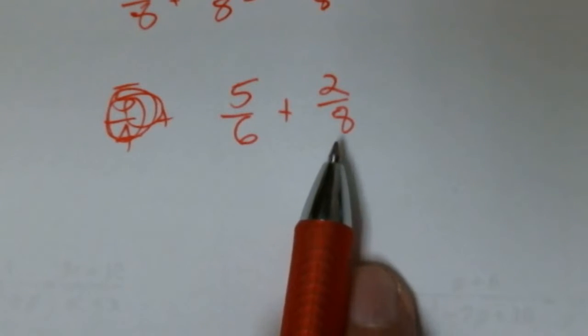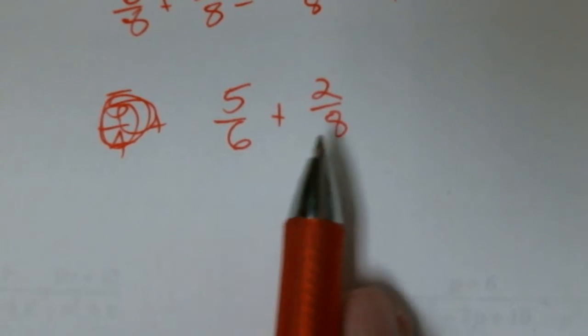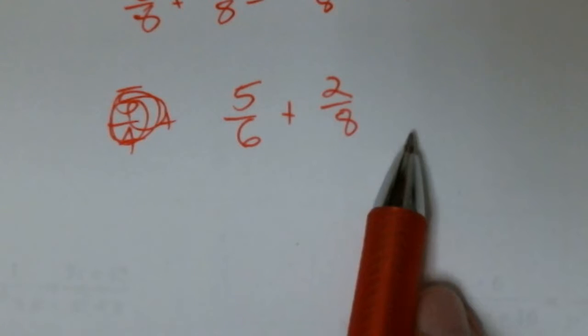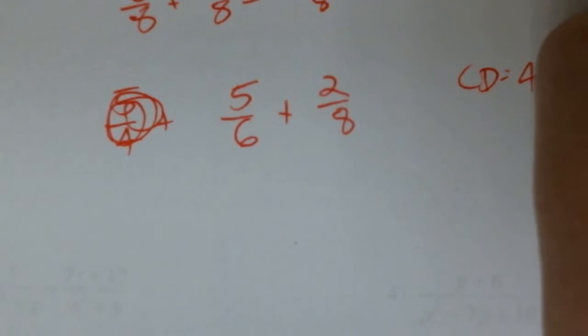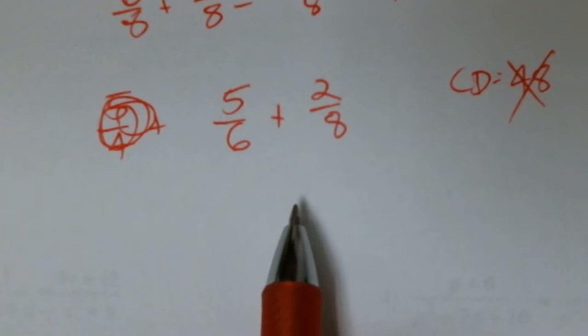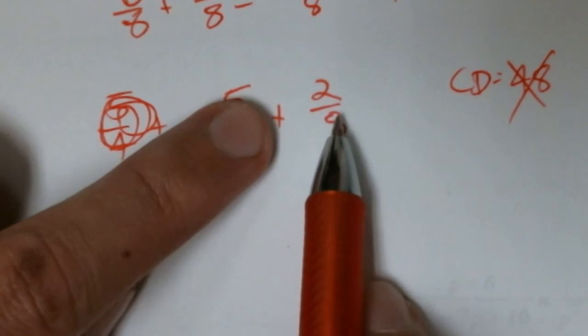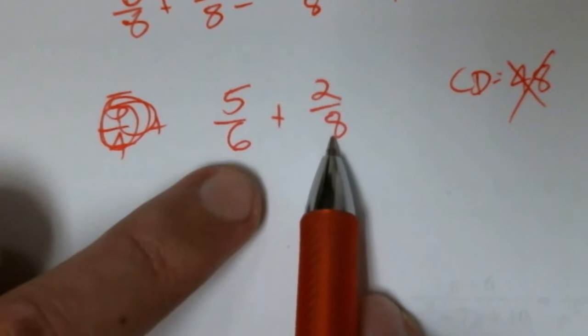5/6 plus 2 eighths. You might look at this and say, they don't really have anything in common, so I'll just multiply them together and get 48, so my common denominator would be 48. That's not correct, because we have something smaller, the least common multiple. I look at multiples of the big guy. If I double 8 and get 16, does 6 go into 16?